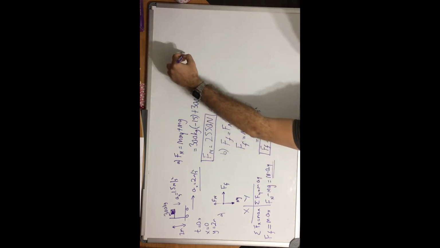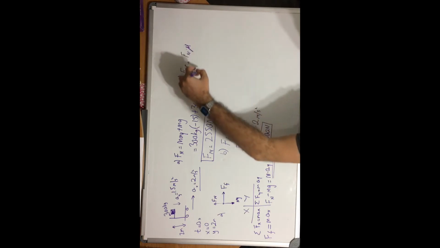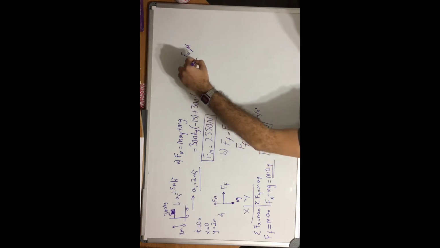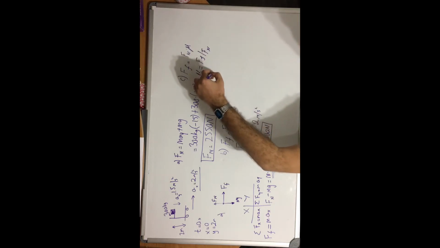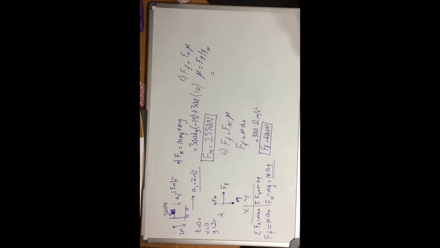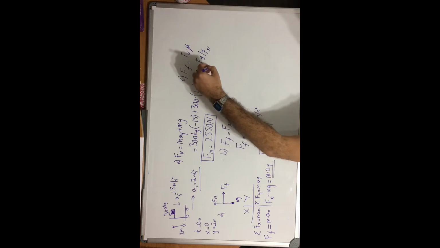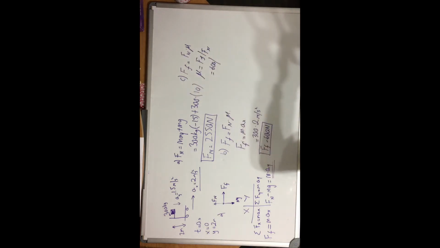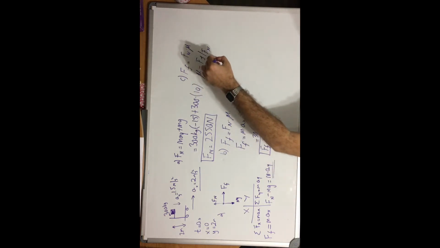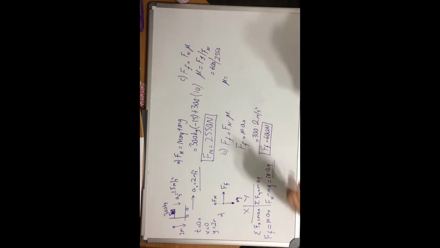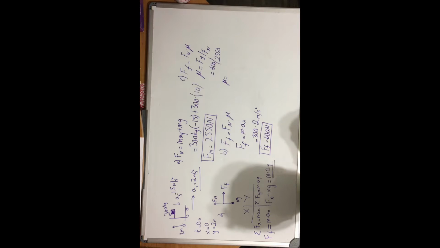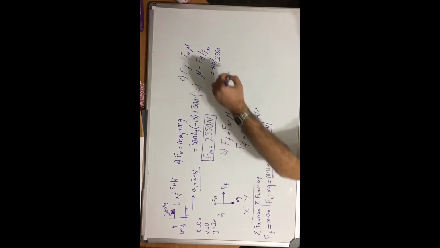Friction force equals Fn times mu, so mu is equal to friction force divided by Fn. In this case, my friction force is 600, and my Fn is 2,550, and my mu will become 0.24.